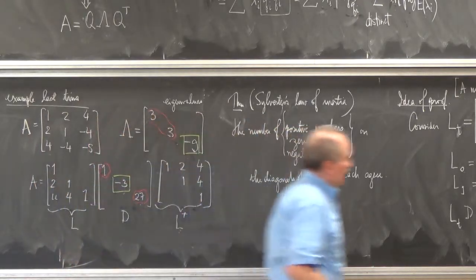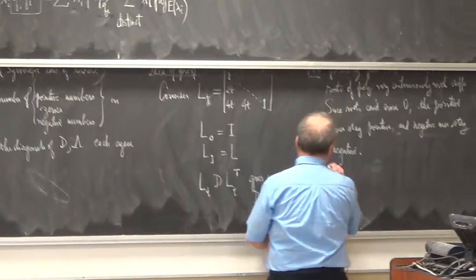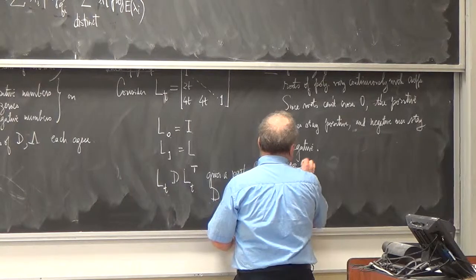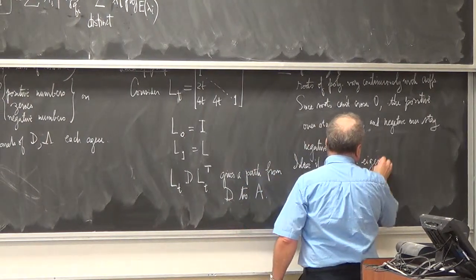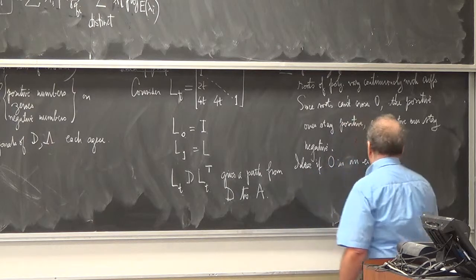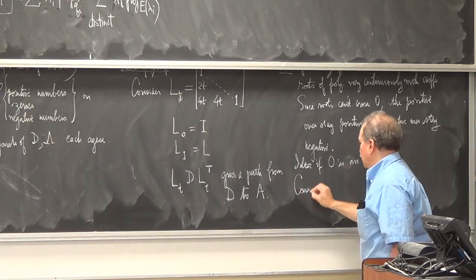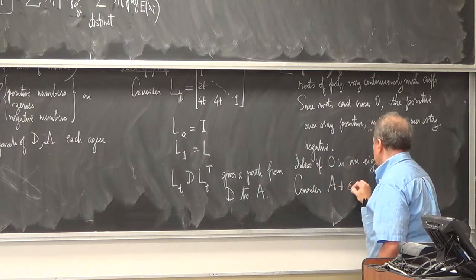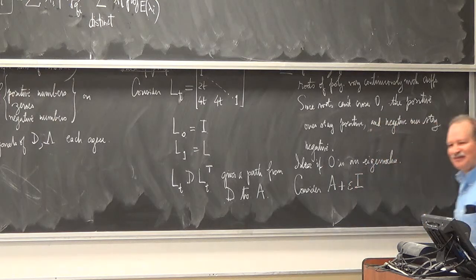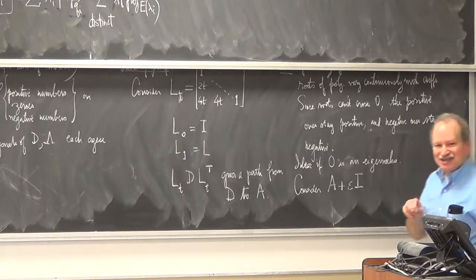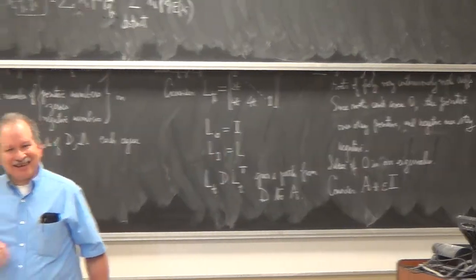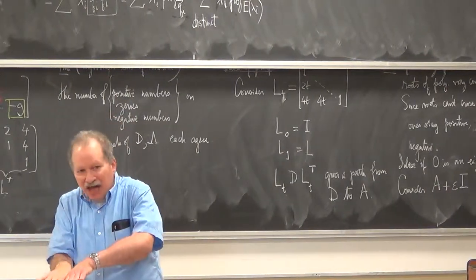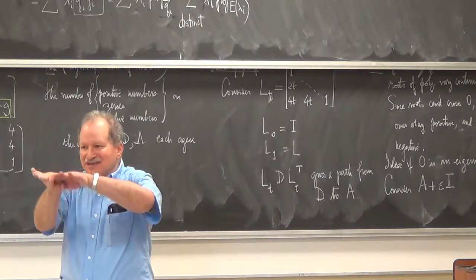So here's the idea. If 0 is an eigenvalue, consider A plus epsilon times the identity. Change the matrix to shift the eigenvalues off of 0, but make sure you didn't make any of the negative ones come up to 0.